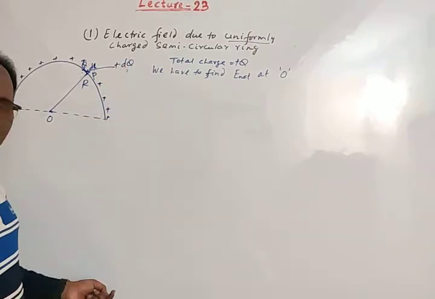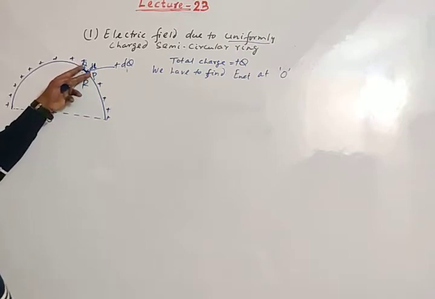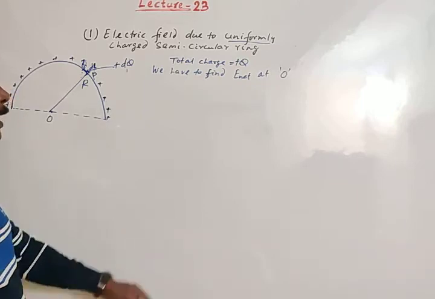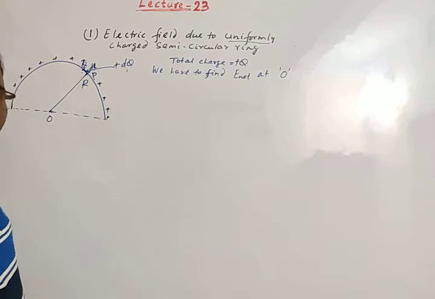Total charge is Q. This elemental length dl carries a charge dq. Then what is dq? We have to find dq in terms of total charge.